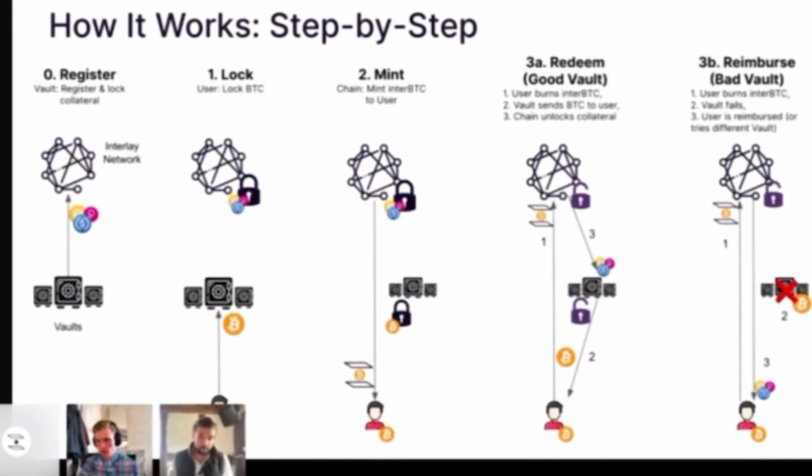And the way in which things get interesting, a bit more complex compared to other bridges, is one, everything can go well. The user puts in the redeem request, the collateral is unlocked, and the user gets their Bitcoin back because the redeem request gets accepted by the vault. Everyone's happy. The other thing that can happen is, for example, that the vault chooses to steal what's inside the wallet.